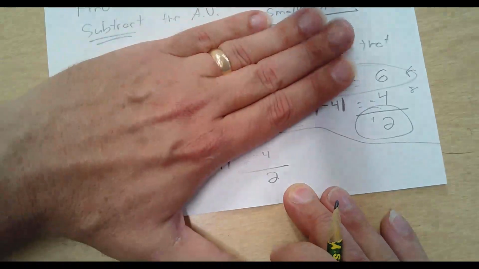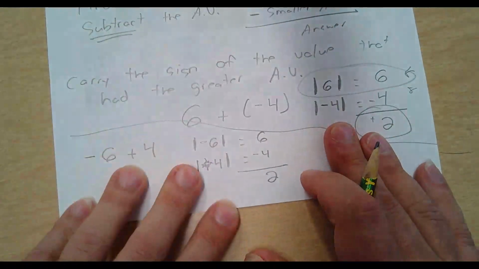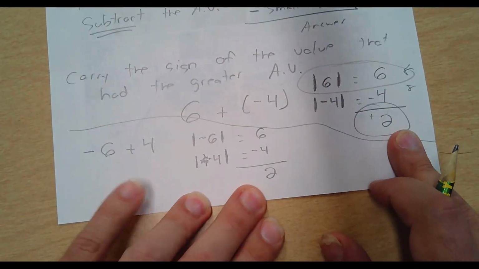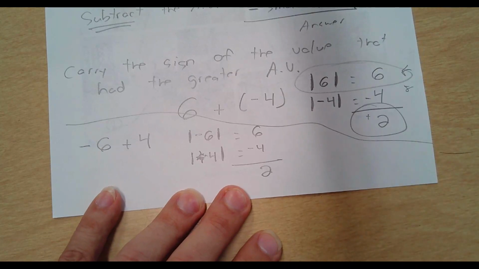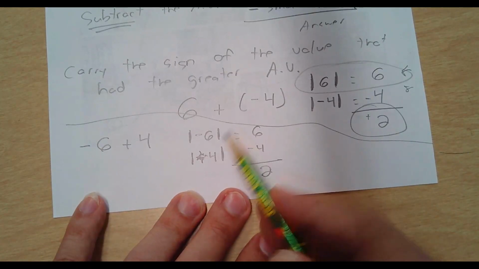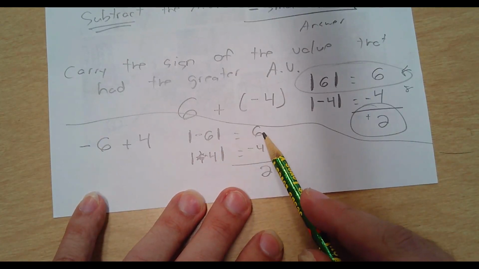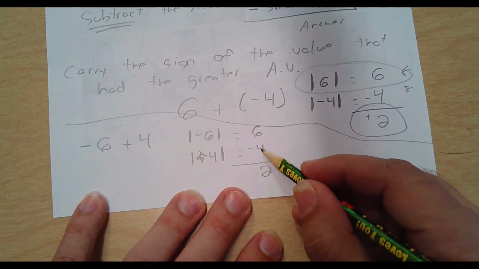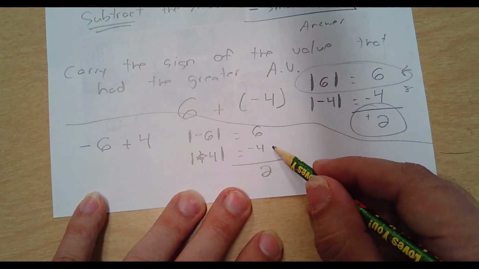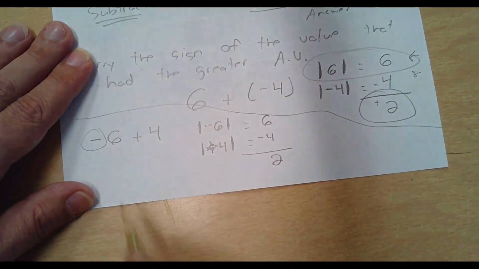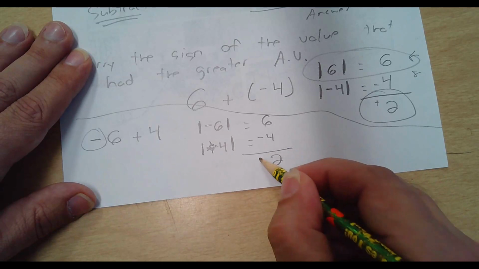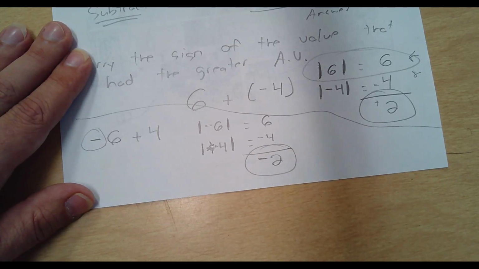So really not a lot has changed between the first problem and the second problem at this point. But what's going to change? The sign. Right. Why? Because it was originally negative. Exactly. The absolute value of negative 6 is 6, which is greater than the absolute value of positive 4. So 6 is still greater than 4, but this time the 6 is the negative, which means my final answer to this one is a negative 2.